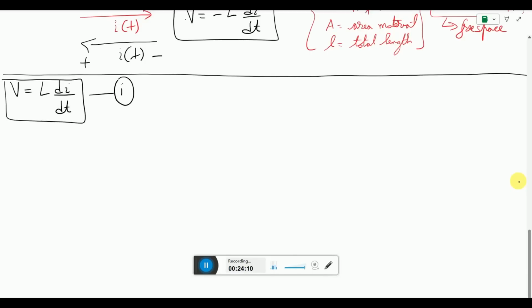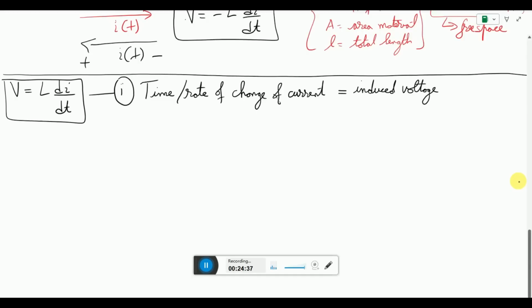The first point is that this equation represents the voltage across the inductance as a function of current. So we note that the rate of change of current is responsible for induced voltage. As long as there is a change of current, we will get an induced voltage.